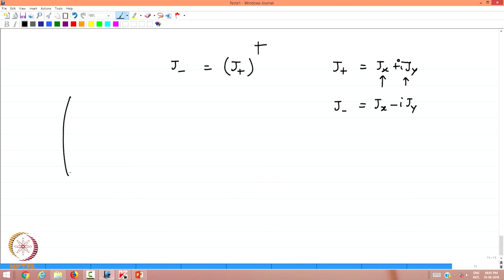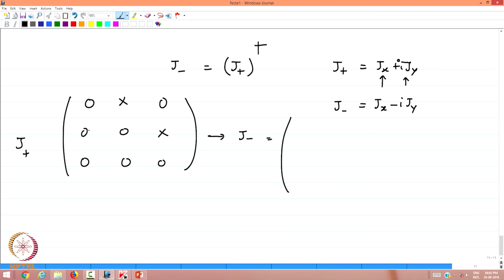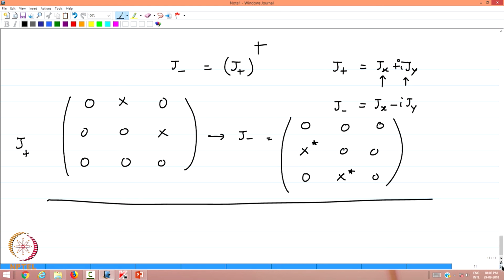Therefore, if you have a matrix with 2 non-zero elements here and everything else is 0, then if this is J plus, then the corresponding matrix for J minus would be the transpose Hermitian conjugate. Of course, you have to take into account, and that will turn out to be 0 x star 0 and 0 0 x star, then you have 0 0 0. Therefore, this is how you calculate the matrix elements of J plus and J minus.